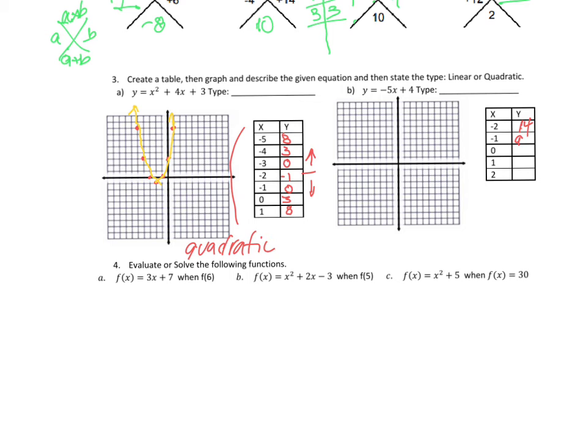For 0, if you plug that in, you get 4. For 1, you get -1. And for 2, you get -6. So if we graph that, what we're looking at is -2, 14 is not going to be on the graph, but -1, 9 is, right there. 0, 4, 1, -1, and 2, -6.